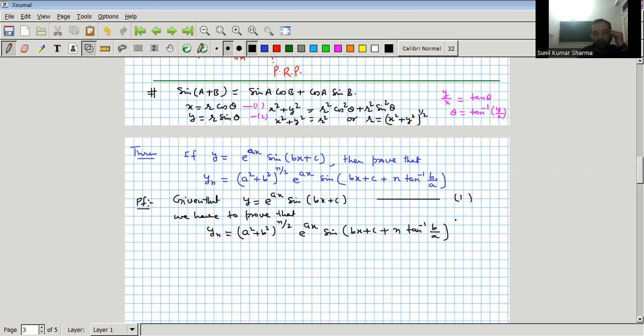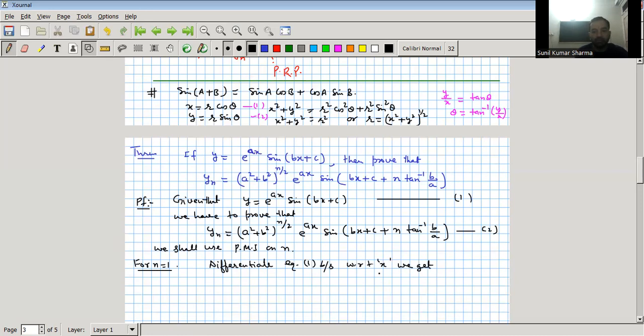So let this be equation 1 and this be equation number 2. Again we shall use the principle of mathematical induction on n to prove this result. First, we prove that this result is true for n equal to 1. So for n equal to 1, differentiate equation 1 both sides with respect to x.